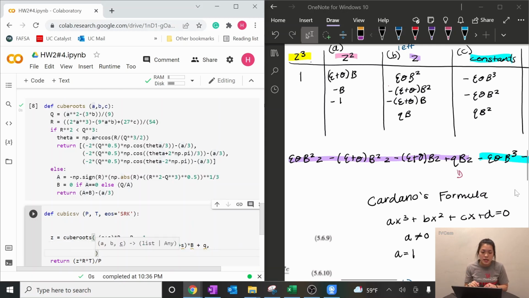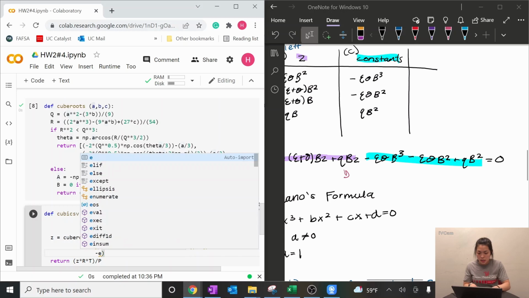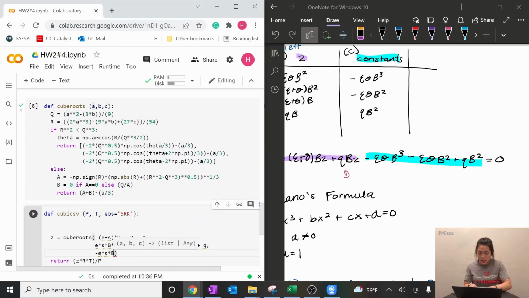Now we move on to our last, which is the constants for the root C. So we have negative epsilon times sigma times beta cubed. And then we have minus epsilon times sigma times beta squared.